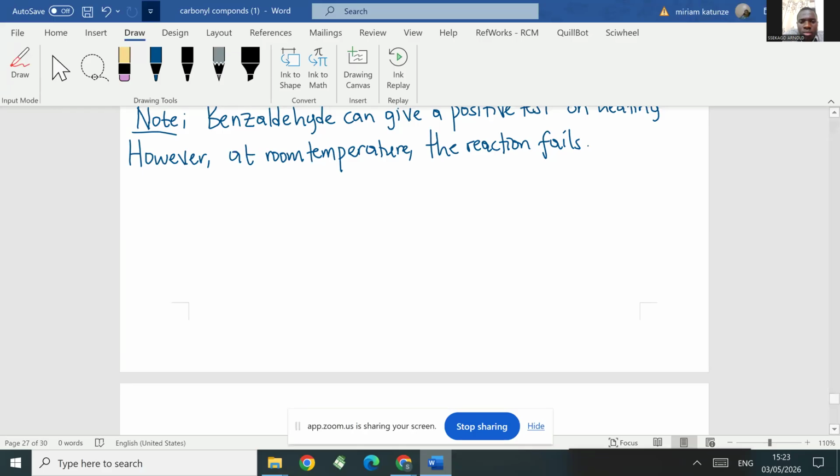So we had finished the Tollens reagent, and I said that for that reagent, it is a redox reaction, by the way.